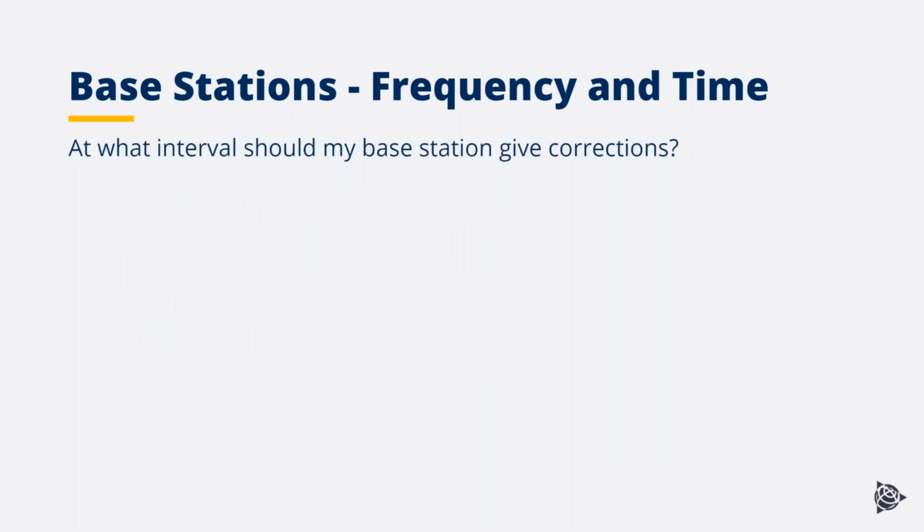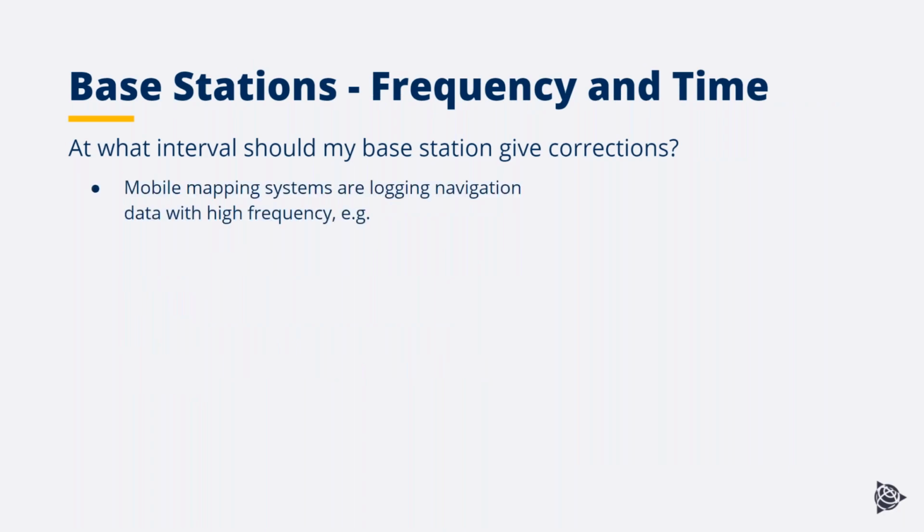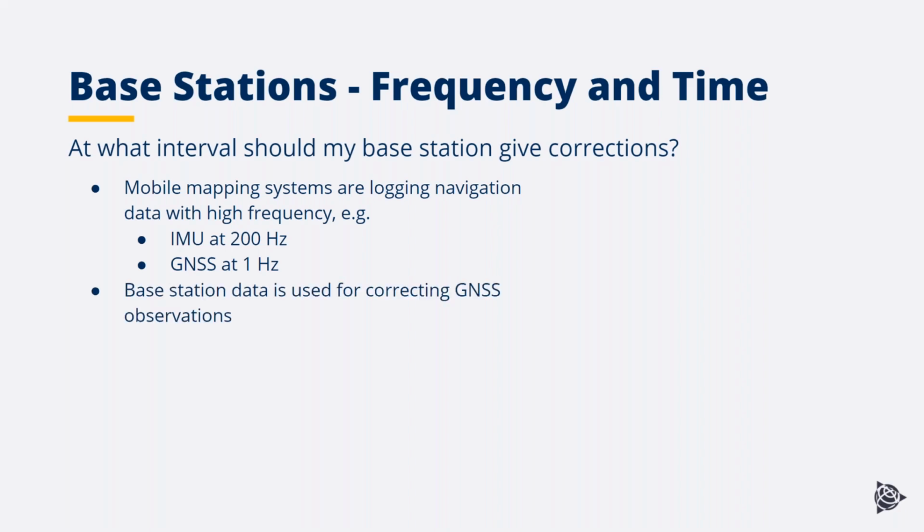Right, next thing, at what interval should my base station give corrections? If we think of the mobile mapping systems of Trimble, at least, they are logging navigation data with very high frequency. For example, the IMU is logging at 200 Hertz, so 200 times per second, and the GNSS is getting 1 point every second. And in POSPac, we are correcting this data with the base station.